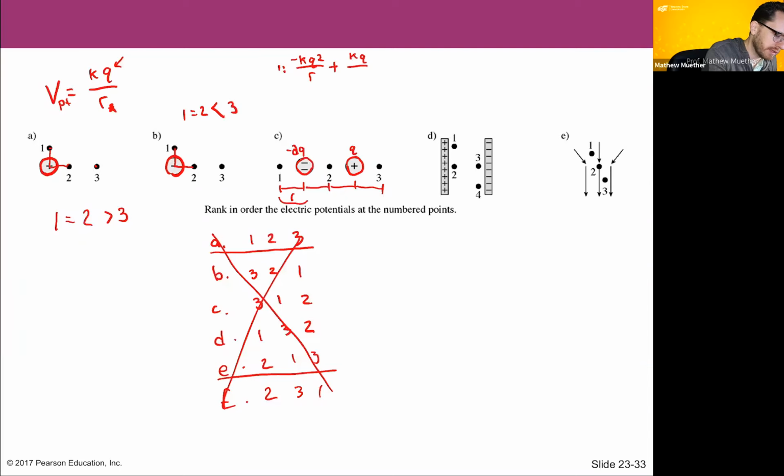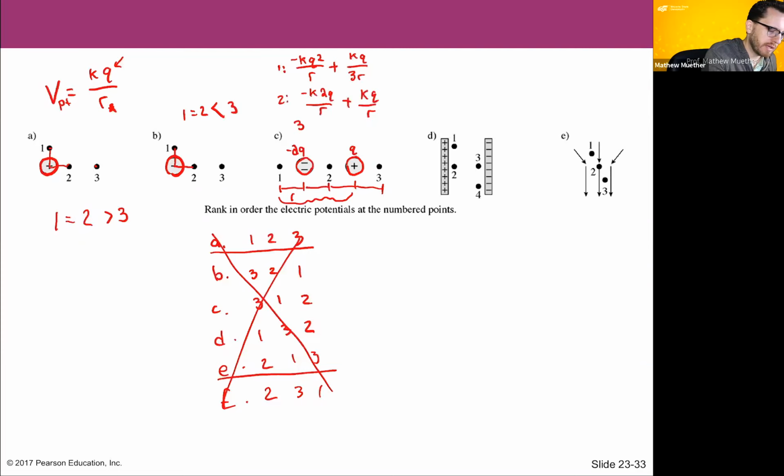This guy is 3R away from that guy. Okay. What about 2? It's equal distance away from each of them. So it's going to be like minus k twice Q over R plus kQ over R.